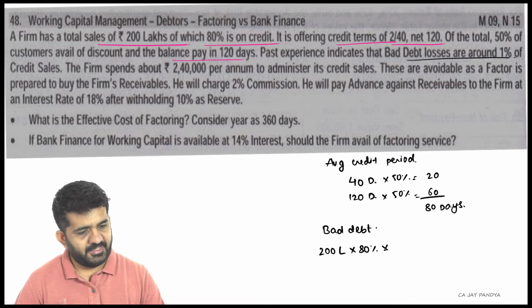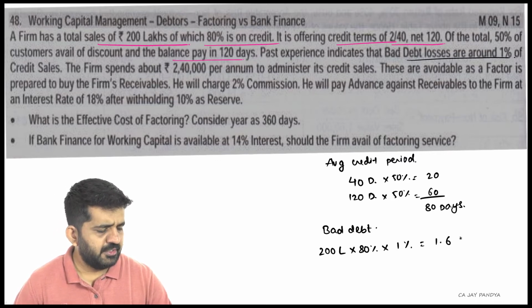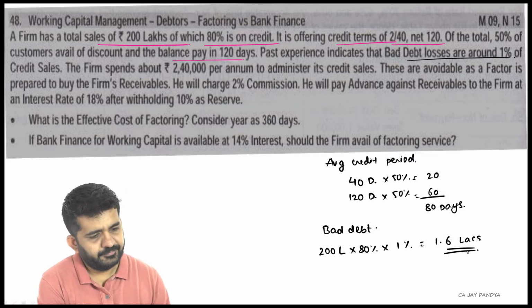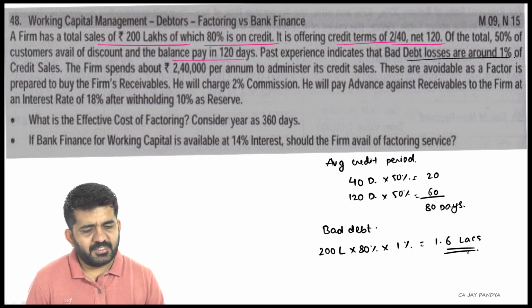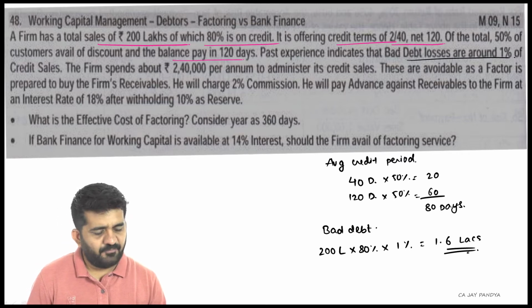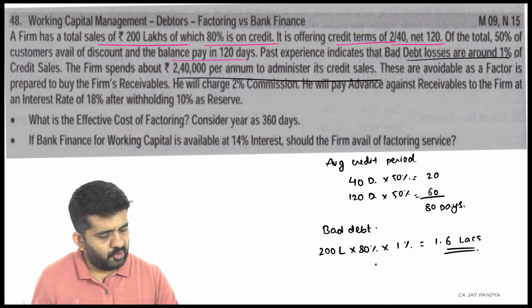It is 160 lakhs. Multiplied by 1% is 1.6 lakhs. The firm spends about 2,40,000 per annum as its administrative cost.